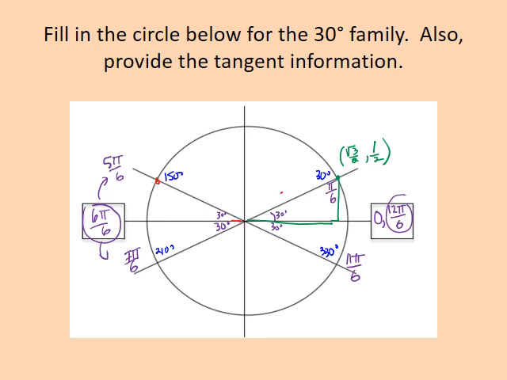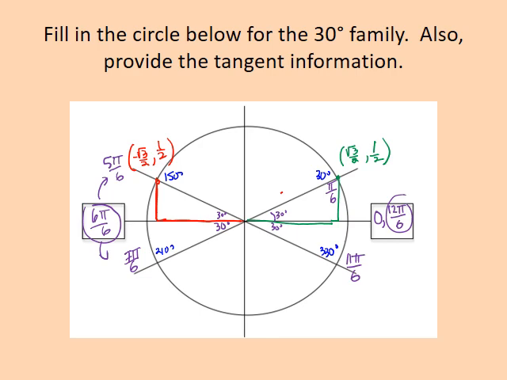But what happens in the second quadrant is x is negative. It still has the length of negative root 3 over 2, but its sign is negative. Now y, as you see, is still 1/2, and it's also positive because the y value in the second quadrant is positive. So our coordinate in the second quadrant for a 30-degree reference angle is negative root 3 over 2, comma, 1/2.